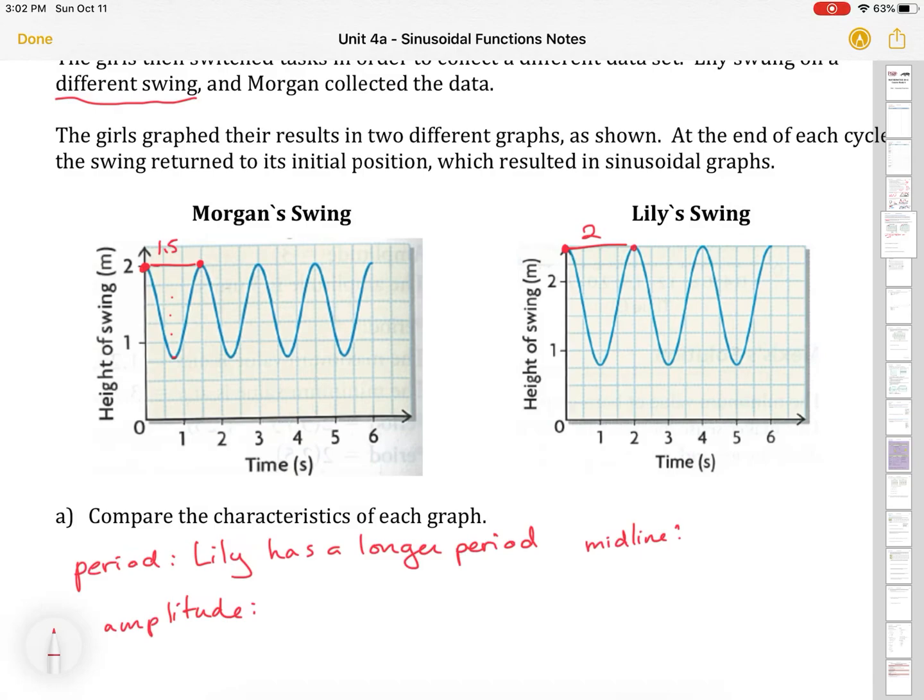So 4. So it's somewhere in the middle of here, right? And Lily goes from about 0.75 all the way up to 2.5.